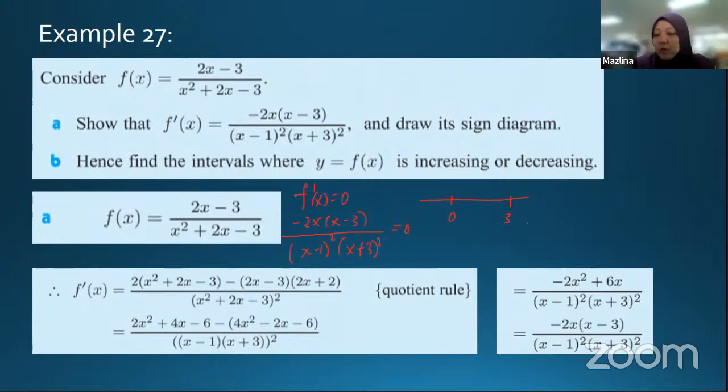Therefore, we need to consider this. So this one also, bila kita ada this thing, we need to consider as your interval value. Kita nak tengok ya. So this is supposed to be negative 3. Another one we need to consider x is equals to 1. Correct. Yeah, we need to consider that because these two values give your function become undefined.